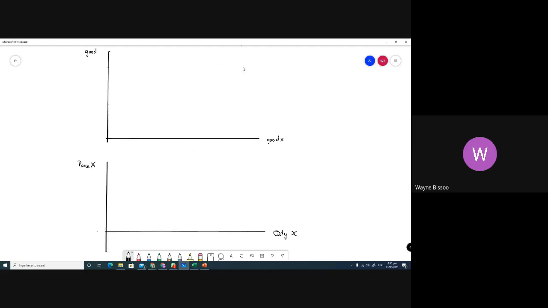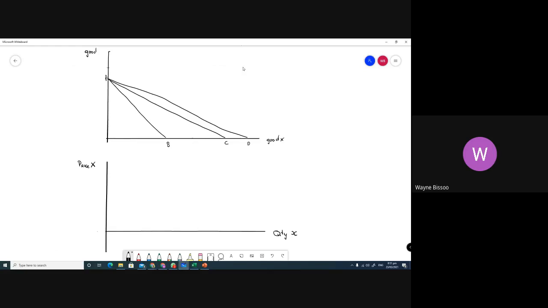So the first thing I'm going to do is sketch a couple of budget changes, right? So we start first off with AB here. And I'm not going to do 4, I'm just going to do 3. So then we have AC, and then we have another one here, AD.